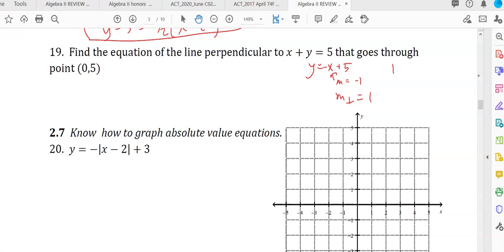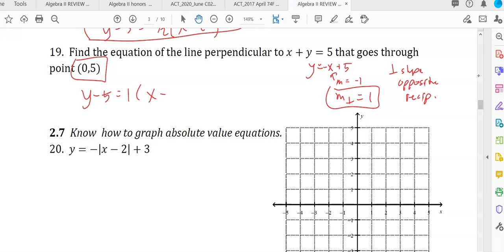So the perpendicular slope, just so you know, is the opposite reciprocal. Opposite means change the sign. Reciprocal means flip. So I know the slope of my new line is this, and I know it goes through that point. Find the equation. The fastest way to do that: y minus 5 equals 1 times x minus 0.